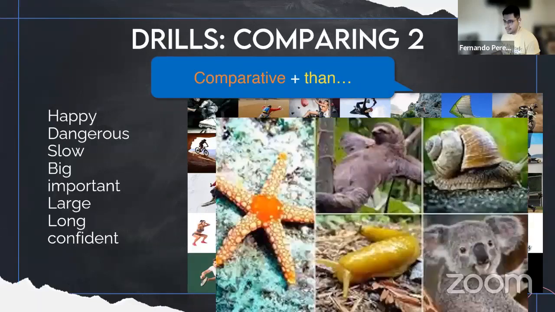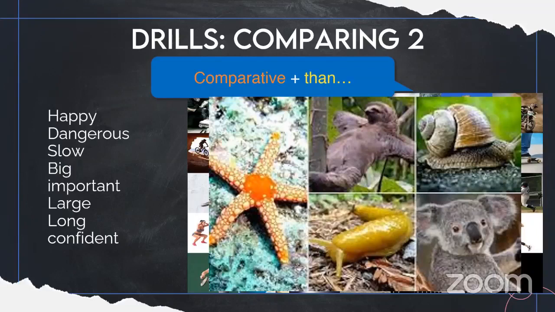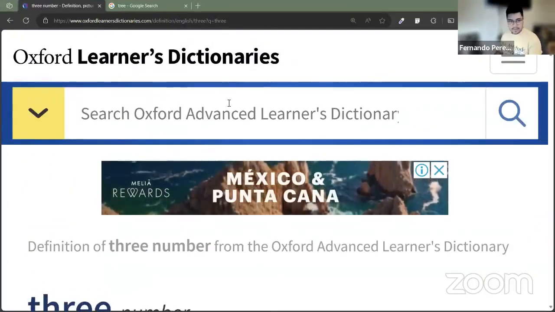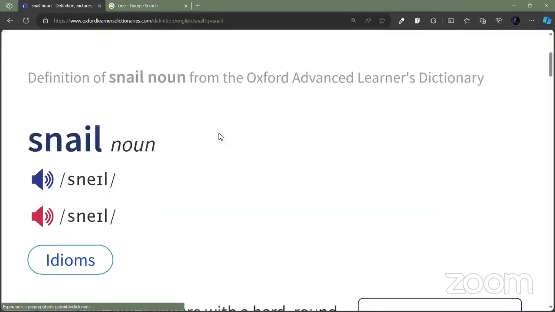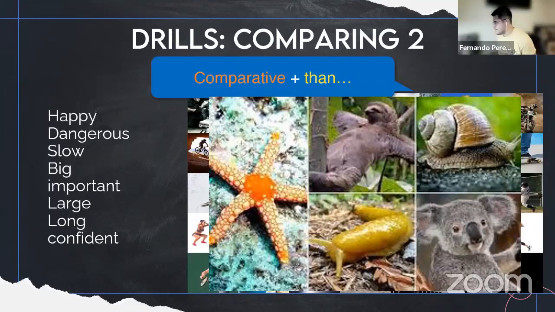Laurita, compare two slow animals. How do you say caracol? Caracol in English is snail.